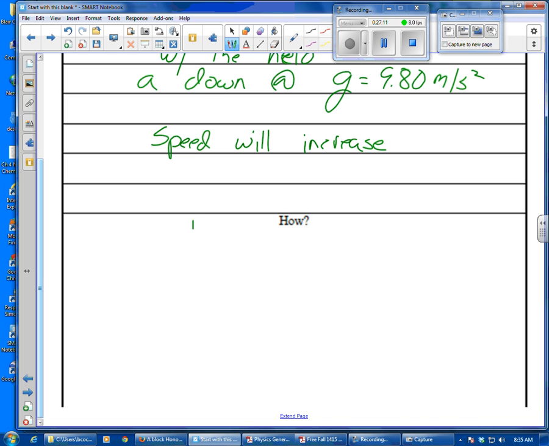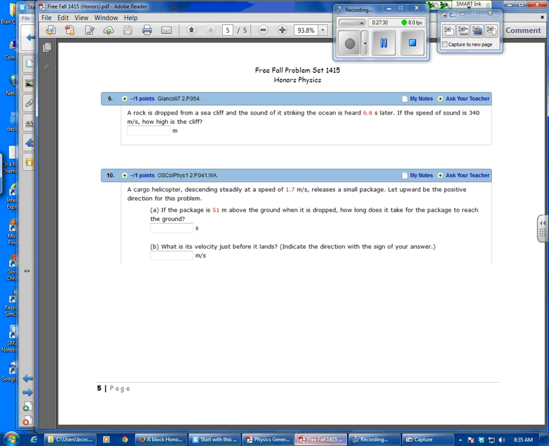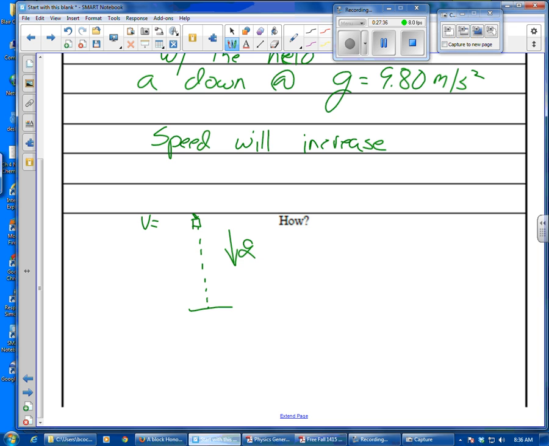So we have our little package here, put a little bow on it, and it's going to move down like this. And we know that it's accelerating down at little g. It starts here with an initial velocity, 1.7 meters per second downwards. And we want to know what velocity it's going at the bottom.